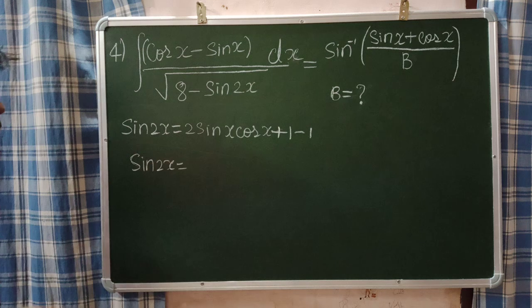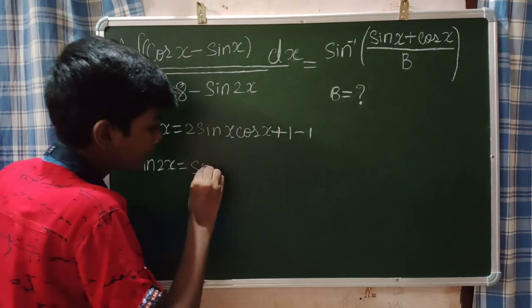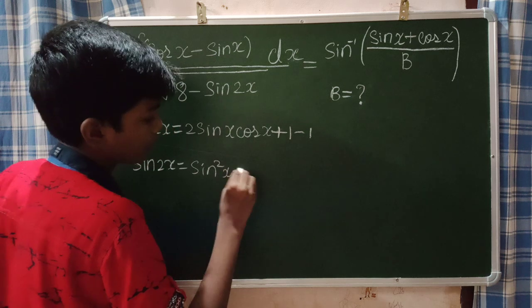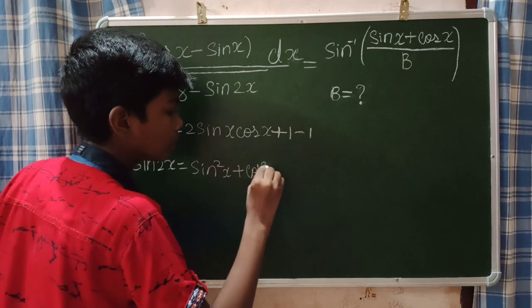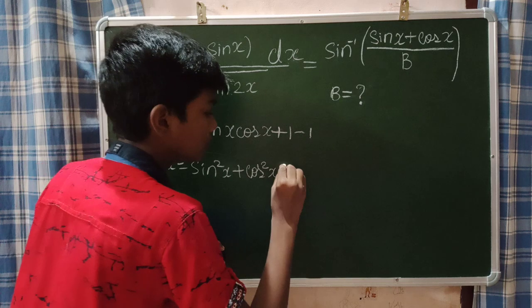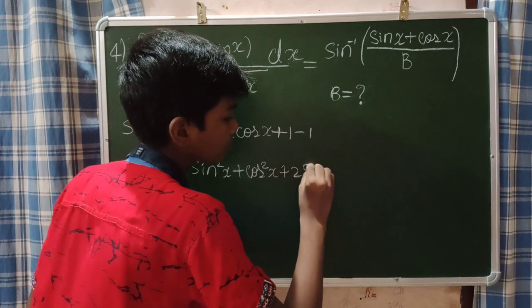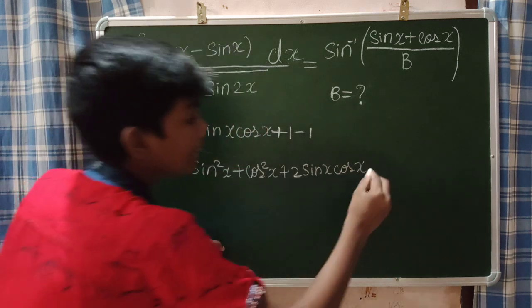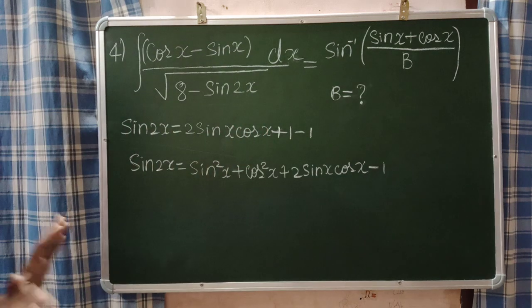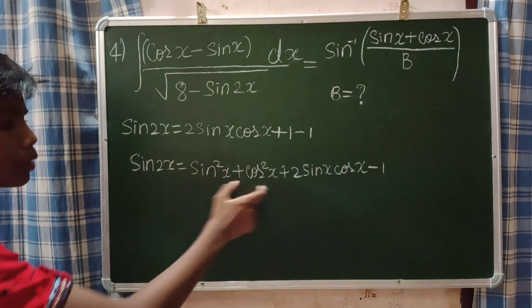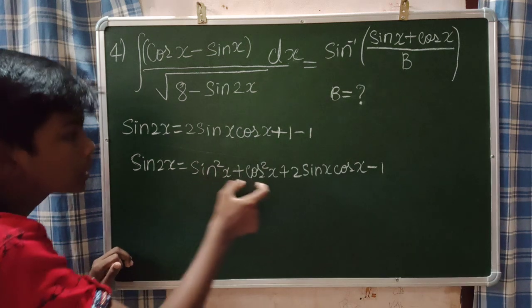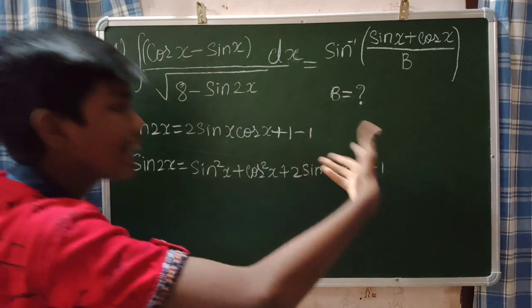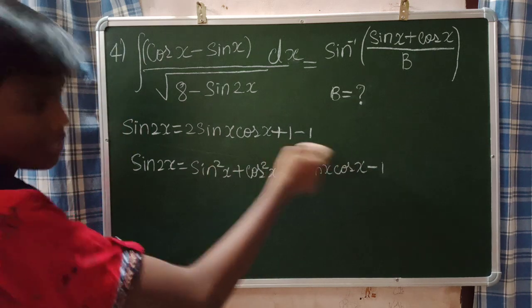So I'll write this as sin square x plus cos square x plus 2 sin x cos x, then minus 1, because the minus 1 is left over, right?